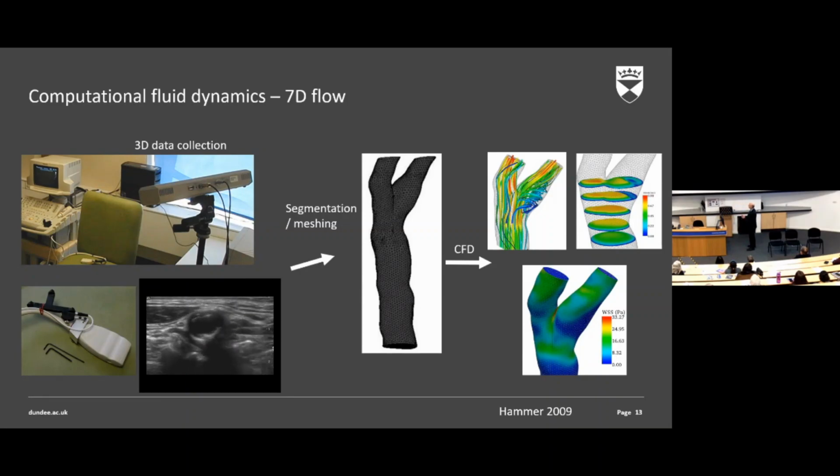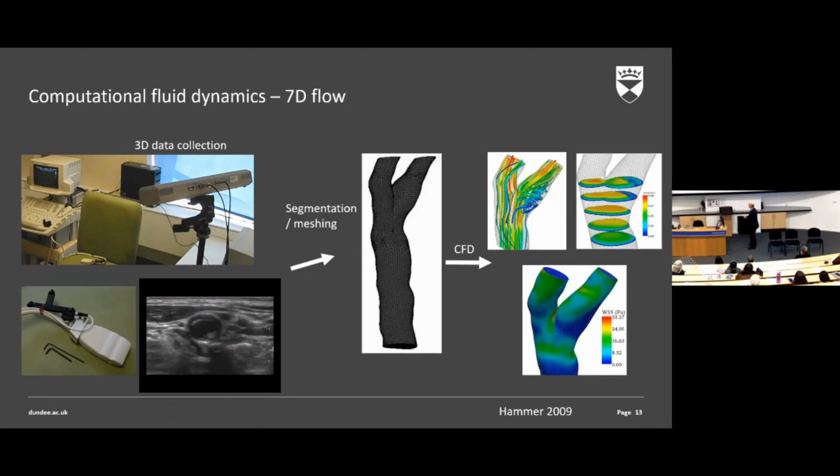We've got our transducer just here, and you can see we've attached this little thing to the transducer, and this has got light emitting diodes on, which are being tracked in space by this camera. And so as the transducer is moved along the artery, the camera knows exactly where the transducer is and can build up a 3D data set consisting of lots of 2D slices.